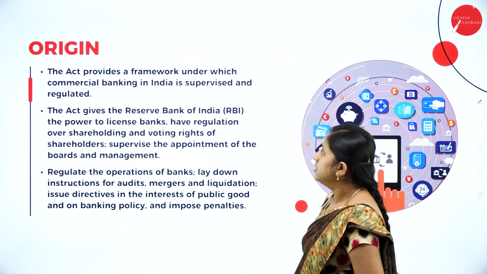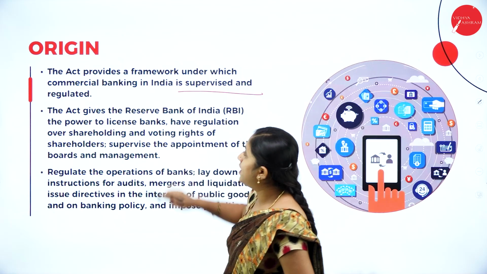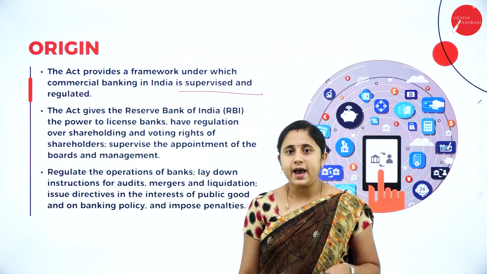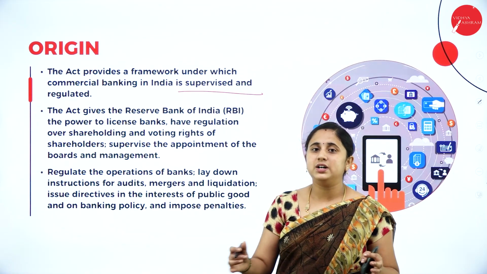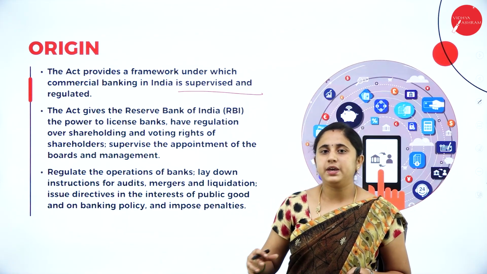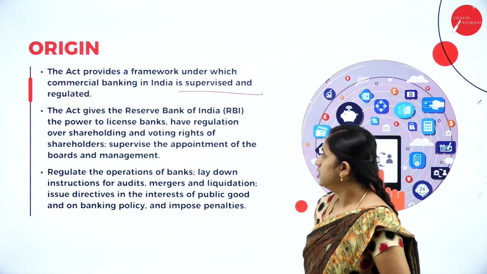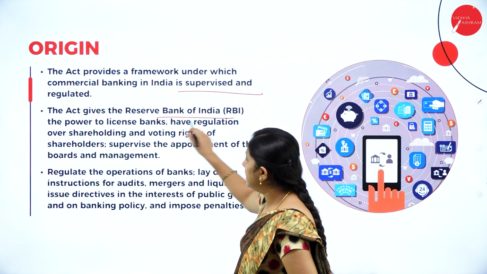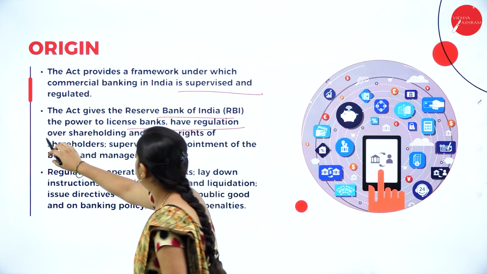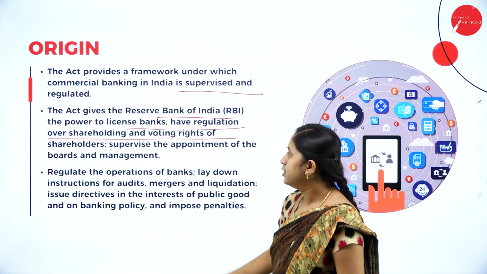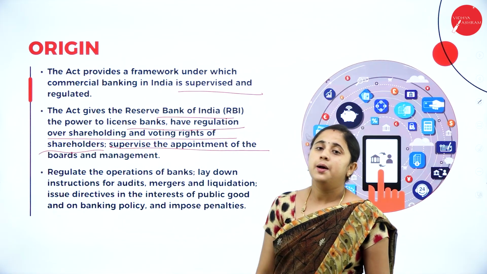Moving further, this act provides a framework under which commercial banks in India are supervised and regulated. So this Banking Regulation Act 1949 gives the framework, the guidelines, for the RBI to control and regulate the banking sector. This act gives the Reserve Bank of India the power to license banks and have regulation over the shareholding and voting rights of shareholders, and to supervise the appointment of boards and management.